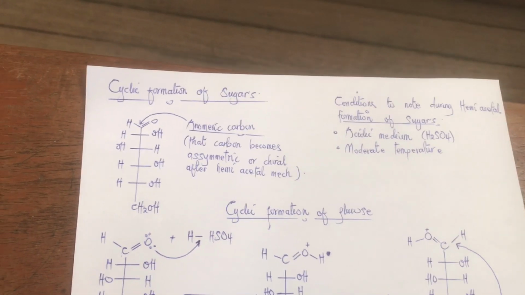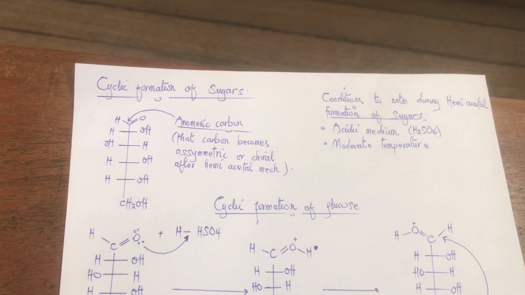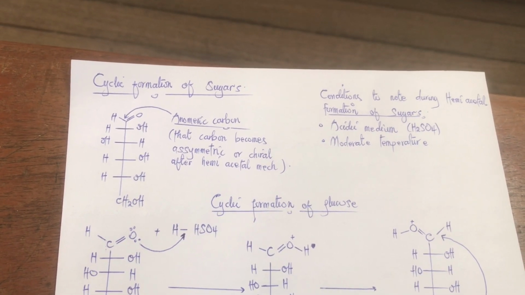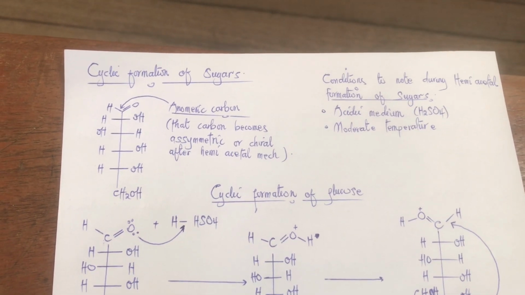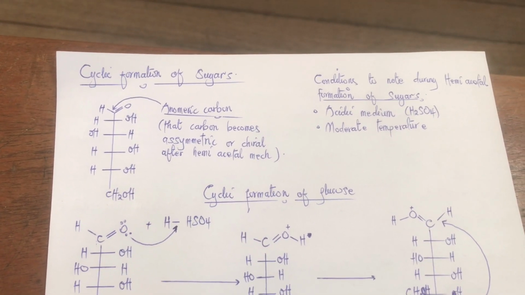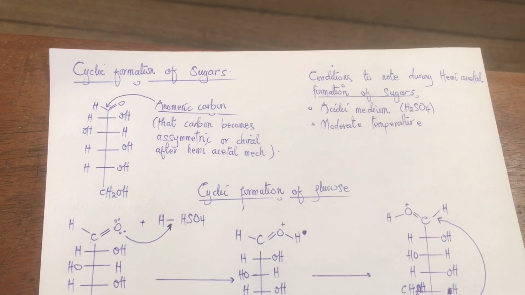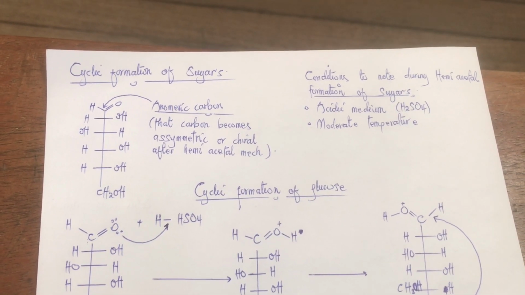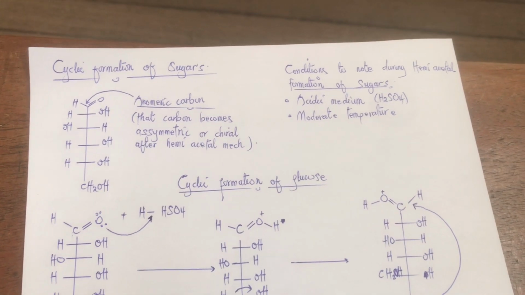As you can all see, before it forms a cycle, the cyclic formation of the glucose, the sugar is already in its straight chain, which I have represented by the Fischer projection.